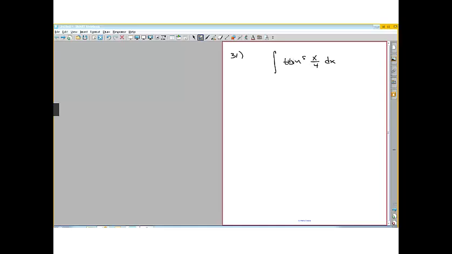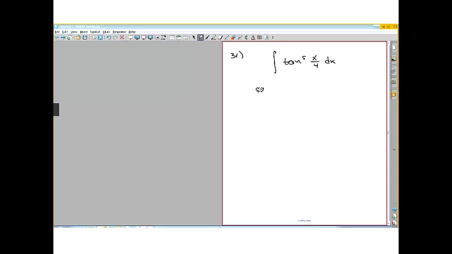So that doesn't work. I think what we're going to do is convert tangent to the 4th to secant and see what happens. Okay, let's just try something.